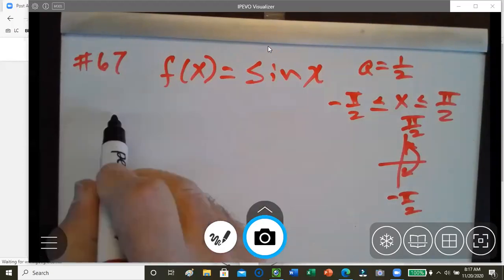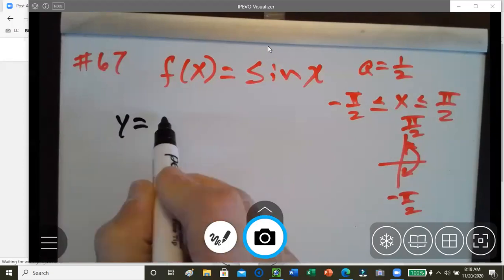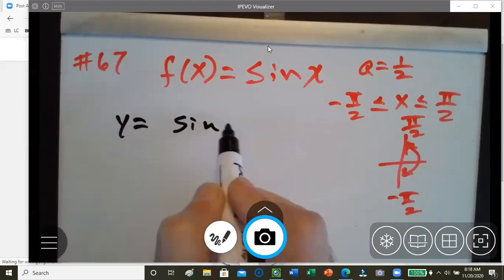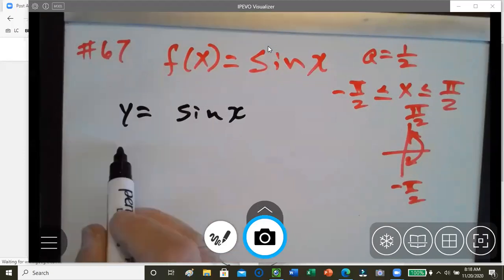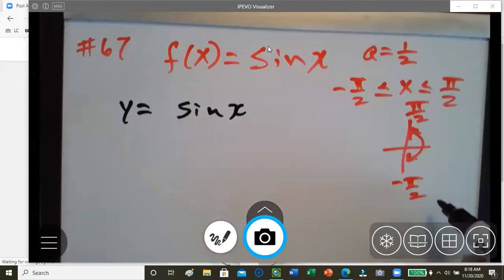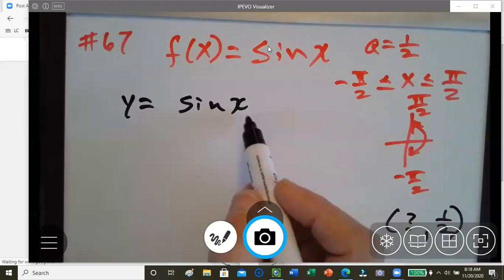Basically, we just replace f of x with y, equal to sine x. Well, y is the same thing as a, right? So we have 1/2 coming out, but we don't know what our x value is. So we've got to solve for that.